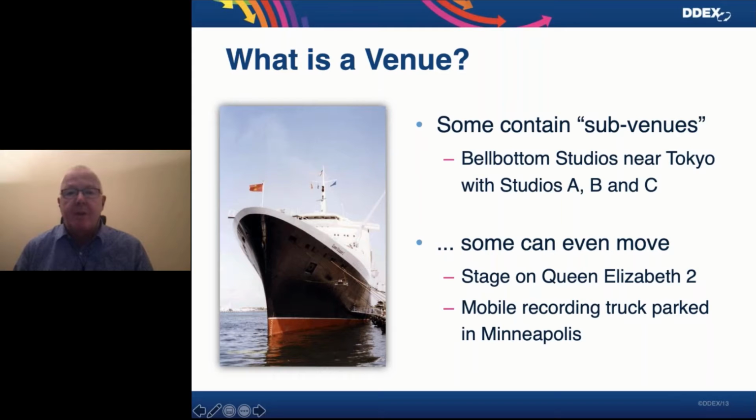So the stage on Queen Elizabeth II, or a mobile recording truck parked in, say, Minneapolis, it could be anywhere. So venues can be a lot of different things, and so it's not as simple, as straightforward as you might think to create a venue ID system.